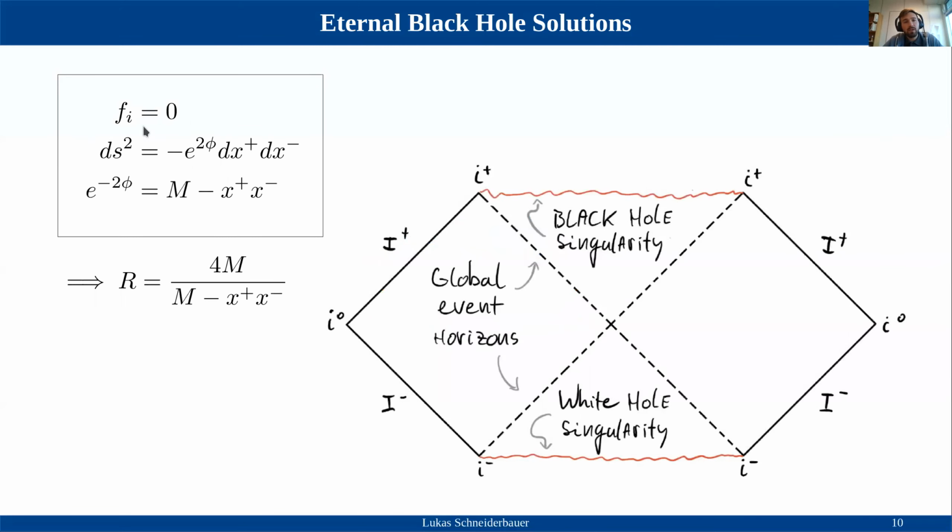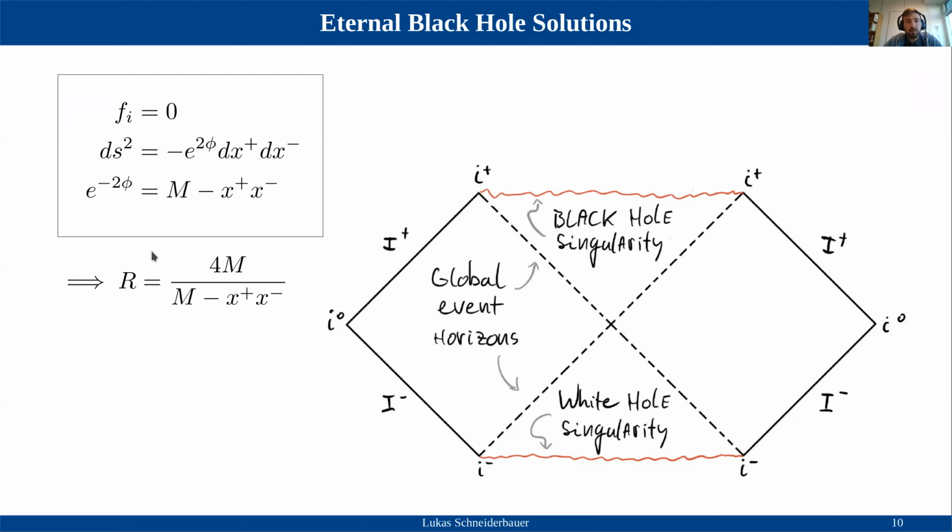Then we can describe everything in a coordinate system which we refer to as the Kruskal coordinate system, where the conformal factor of the metric is equal to the dilaton factor. And these are light cone coordinates. The solution looks like this: the dilaton factor, the exponential of minus 2 phi, is M, where M is a positive parameter, minus these coordinates here.